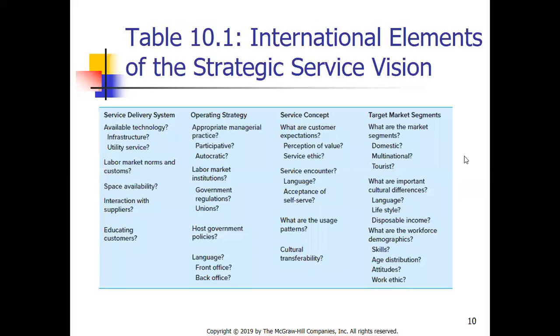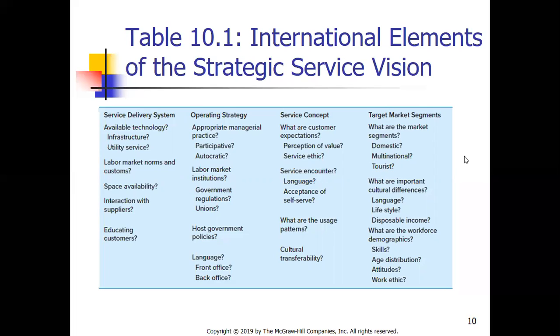This is the international elements of the strategic service vision. So looking at the service delivery system, operating strategy, service concept, and target market segment. Maybe we can pick one or two examples, in terms of availability of technology, infrastructure and utility service.